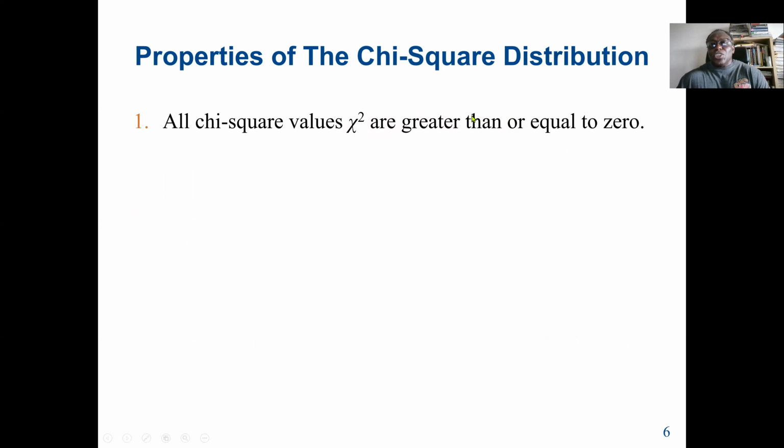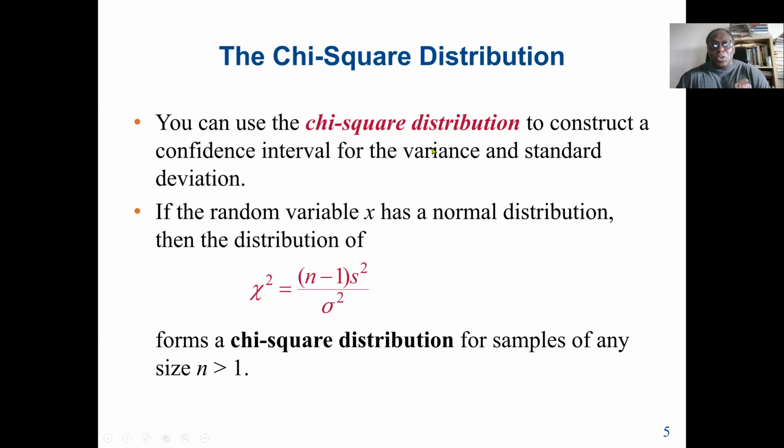So the properties of the chi-square distribution: all chi-square values are always greater than or equal to 0. Which means a chi-square value can never be negative. When we are doing our testing for the chi-square, this is the formula we use.